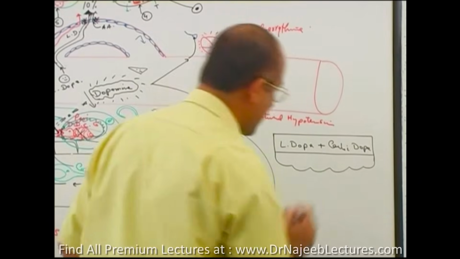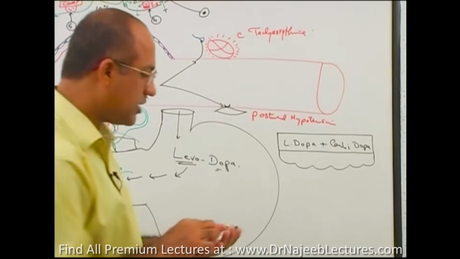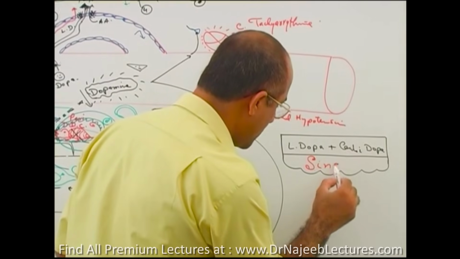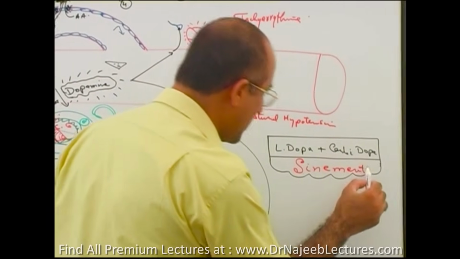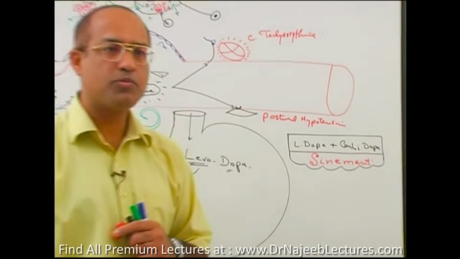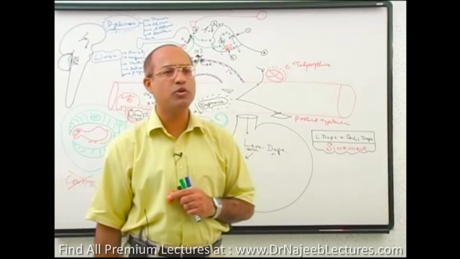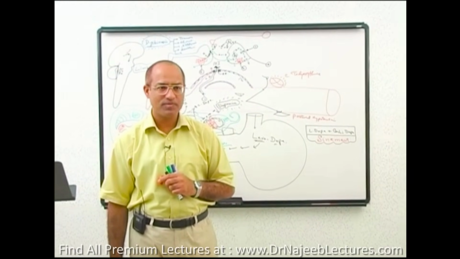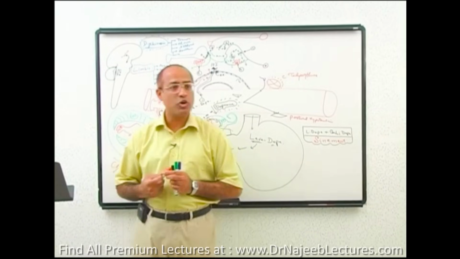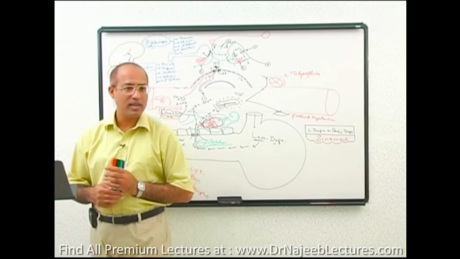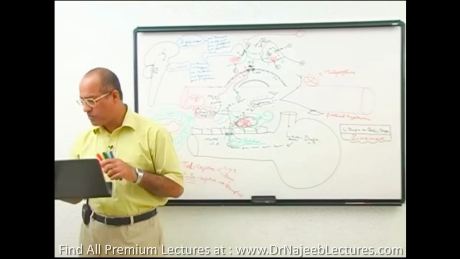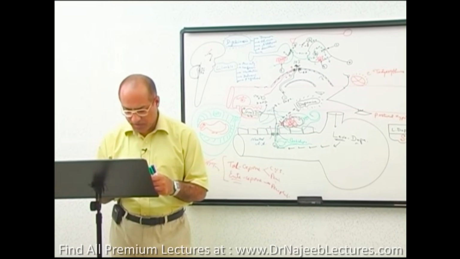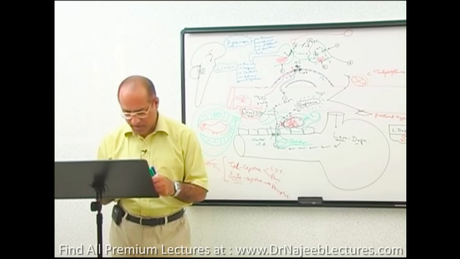This combination is called Sinemat. Actually, in the present modern management of Parkinsonism, there is no concept of giving levodopa without carbidopa. That is why they are coming in combo. That is why the combo which is marketed, the combination of levodopa with carbidopa, is called Sinemat.